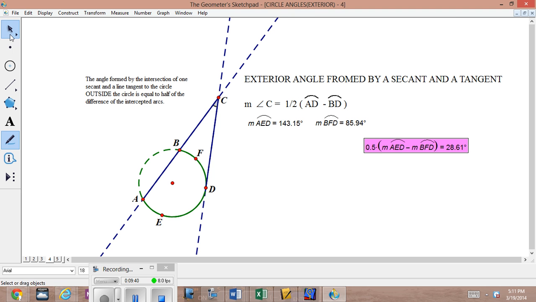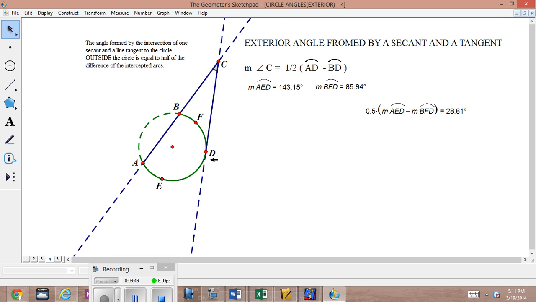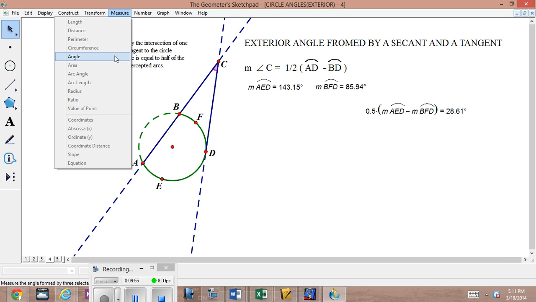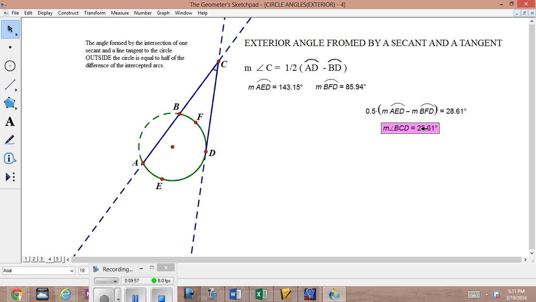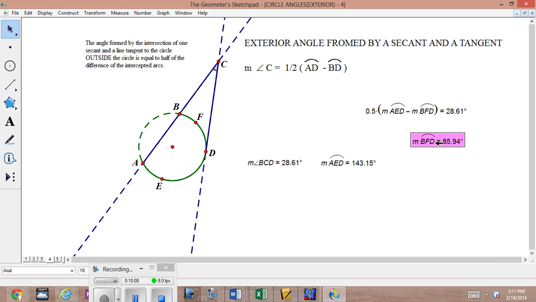The angle there at C is a little hard to grab, but got it. Measure that angle, there it is, the same thing. So again, there's the formula right there: half the furthest arc minus the closest arc.